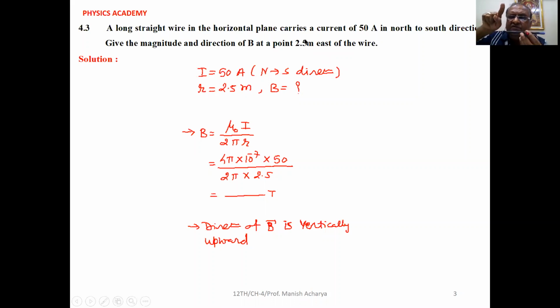So from this side it will move up. So this is east, this is west, north, south. It implies that if your point is on the east side, then the field line coming out from the east side, the direction is tangential at any point. So it is vertically upward. Clear to all of you?